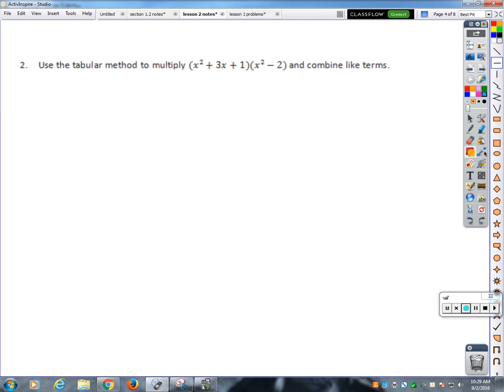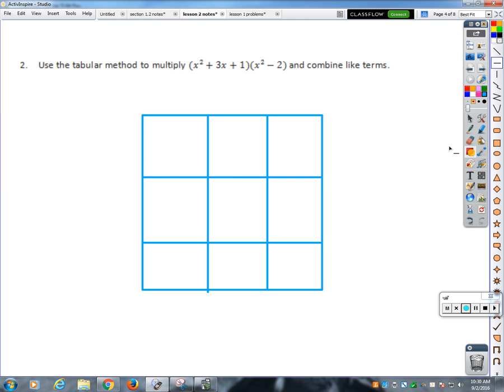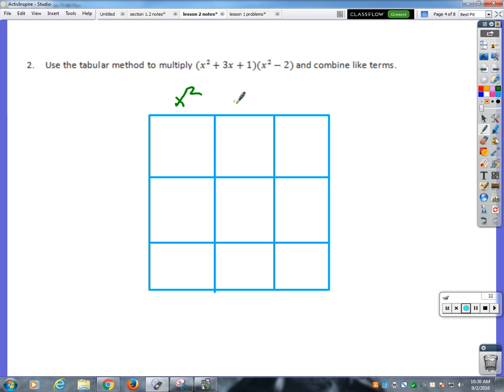So one way that you could handle that and still have things come out pretty, and there is actually a reason for doing this that we're going to see later, it seems kind of weird right now, but I could go with x squared, 3x, and 1 right here, and then x squared and 0x and negative 2 there, then everything still lines up. You know what I'm saying? Okay. So then you go through, and hopefully you guys all got the same thing.